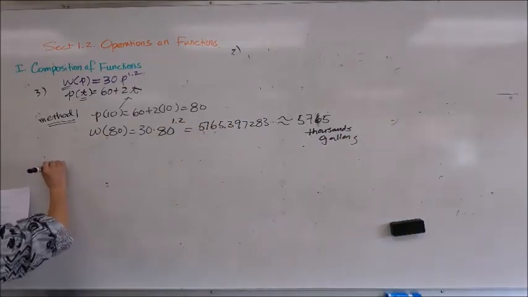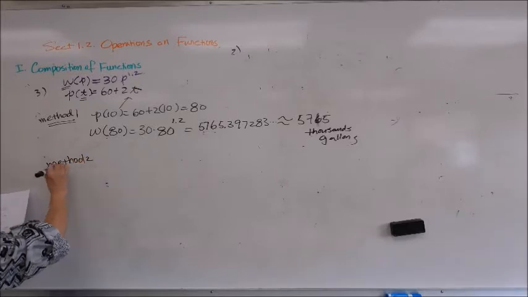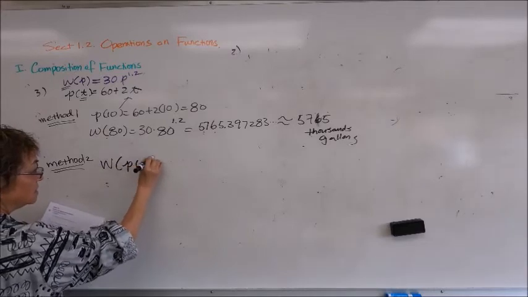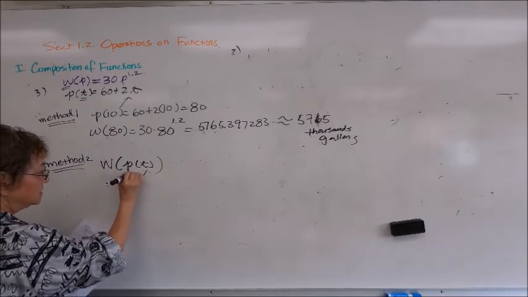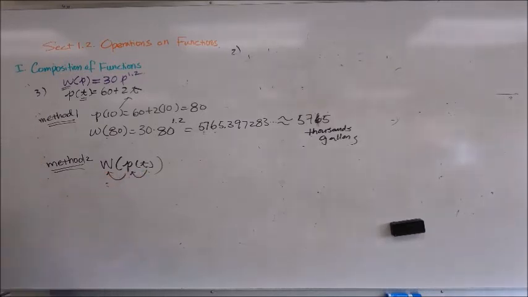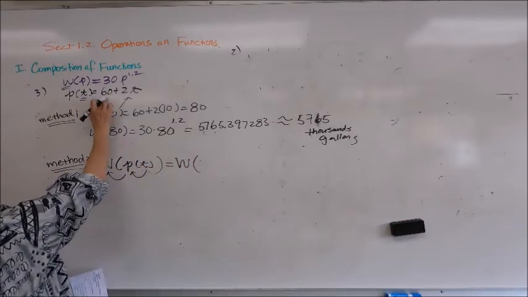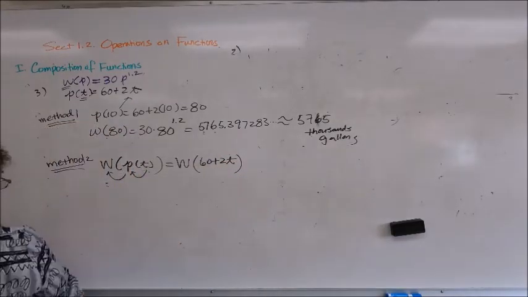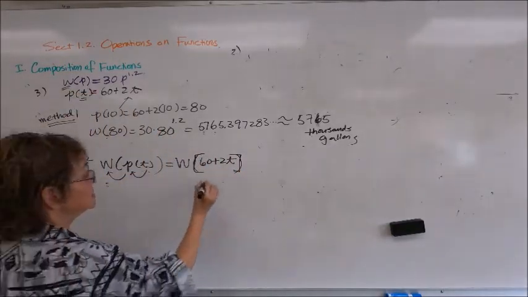Okay? Another way is we use the what? Composition method we just learned. So we want to find out the population is according to the T, then, right? T causes the population, then population causes the water usage. So you plug in, by doing that, you will have what? So W of P of T is this one, 6 plus 2T, right? Then what do you do? Then we have this. Then you plug into the W, the method we just learned, it should be what?